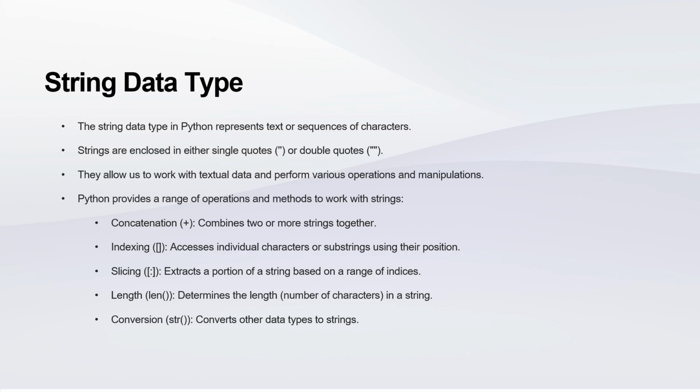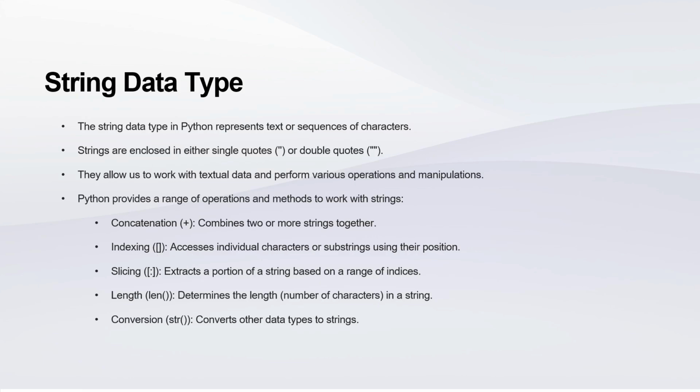Another useful operation is indexing, which allows us to access individual characters or substrings within a string by their position. We can use square brackets along with the index to retrieve specific characters or substrings.